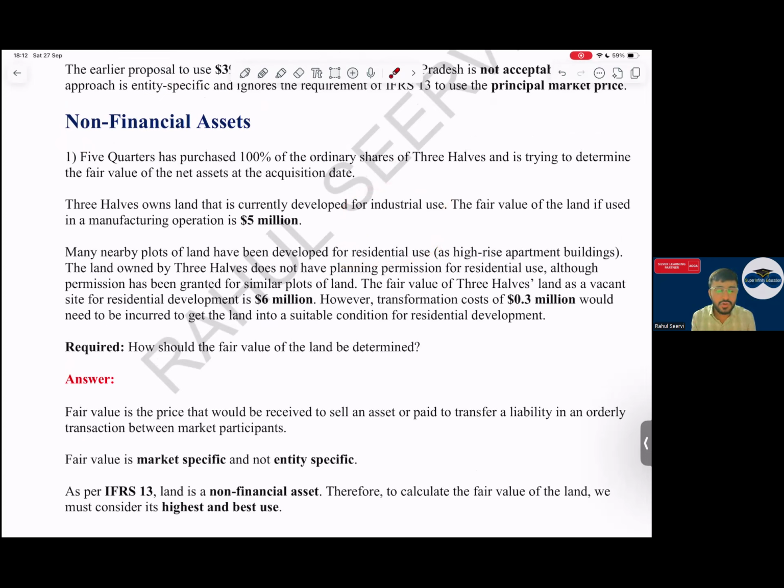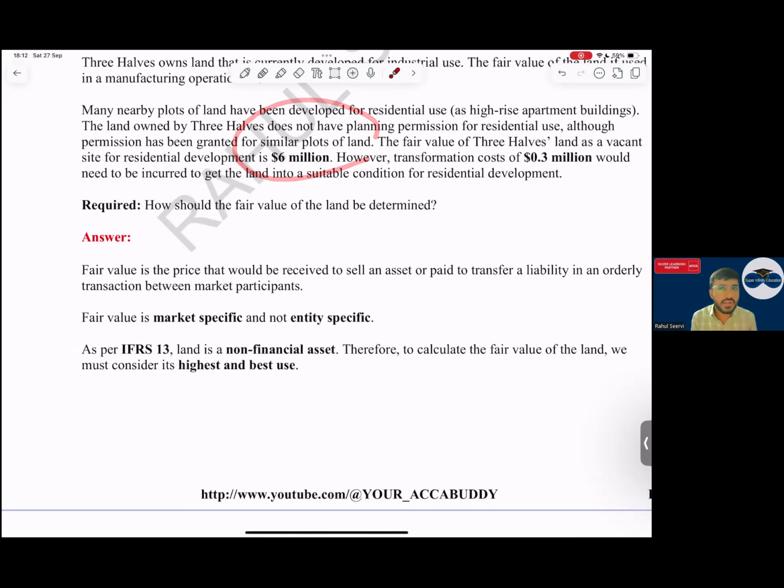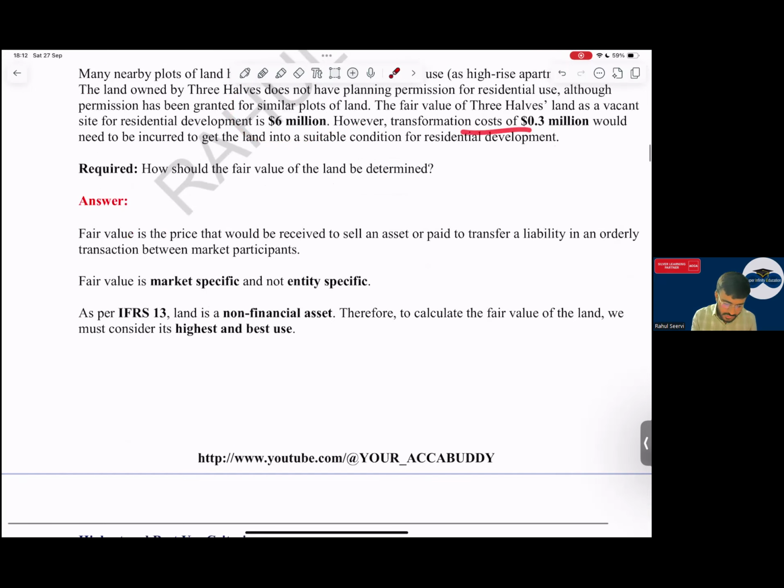Now can I say this is physically possible, because many other plots near me where residential purpose is used. So then they have mentioned that the planning permission for residential use is given, even though it's not given to B as of now. But if B or the company will apply, they will get it for sure. So in that case, we will say that this should be considered, and the transformation cost also we should consider.